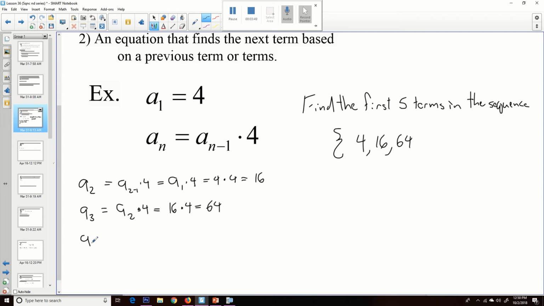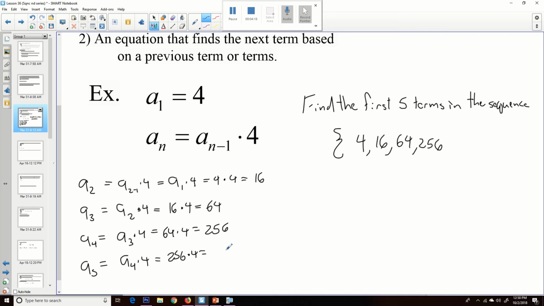And then a sub 4, well, a sub 4 is going to be a sub n minus 1, so 4 minus 1 would be a sub 3 times 4. 64 times 4 is 256, I'm pretty sure. And then a sub 5, the fifth and final term, would be a sub 4 times 4, equaling 256 times 4.